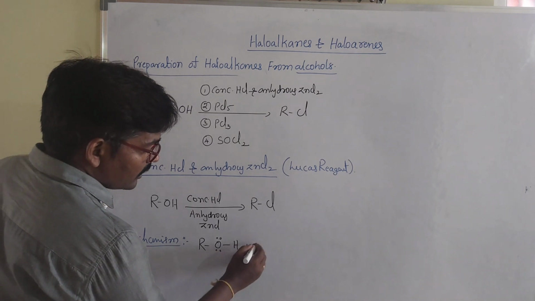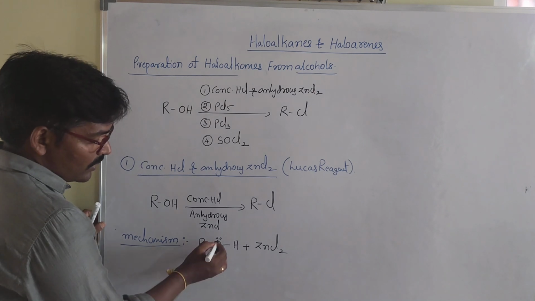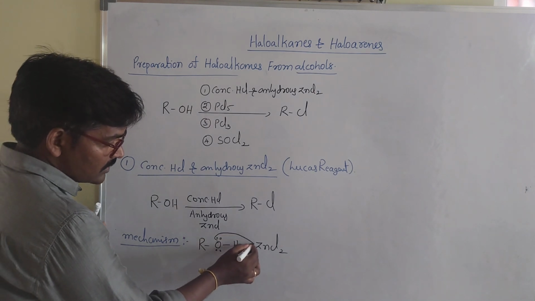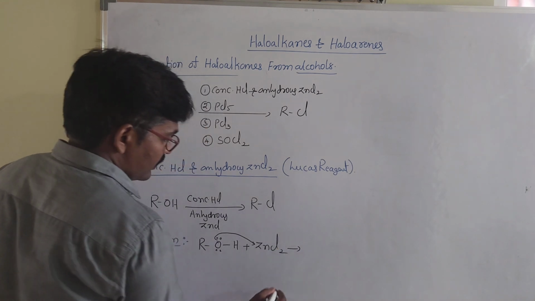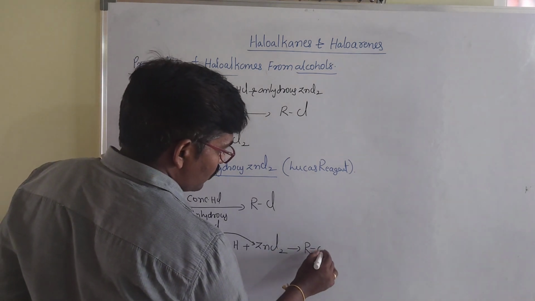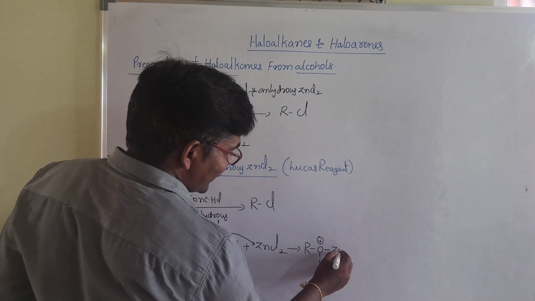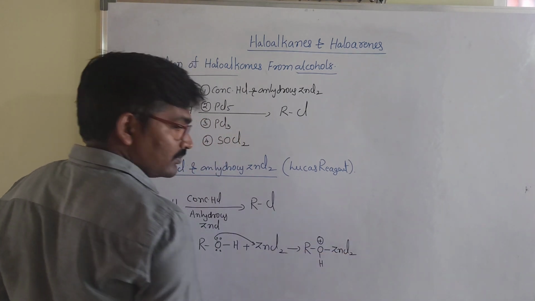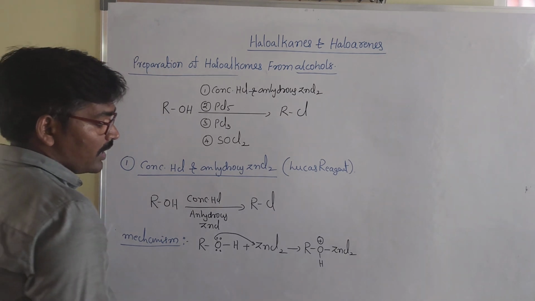When it reacts with anhydrous ZnCl2, one of the lone pairs of electrons attacks the ZnCl2, and then R-OH plus bond ZnCl2 will be formed. Clear?